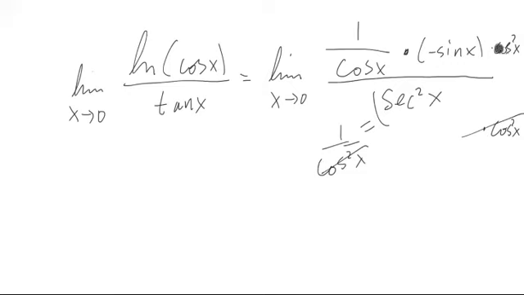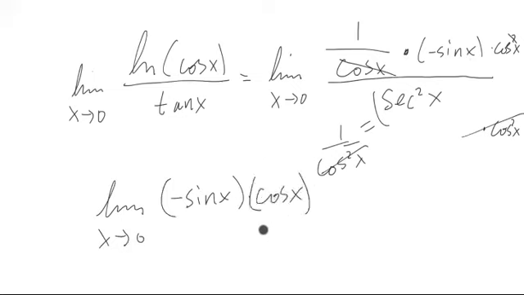Now, cosine squared and cosine x, notice that you have that guy and that guy can cancel, 1 power there and 1 power there. So we're just left with the limit as x approaches 0 of negative sine x multiplied by cosine x.